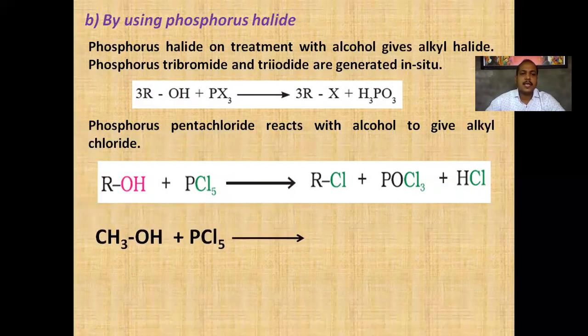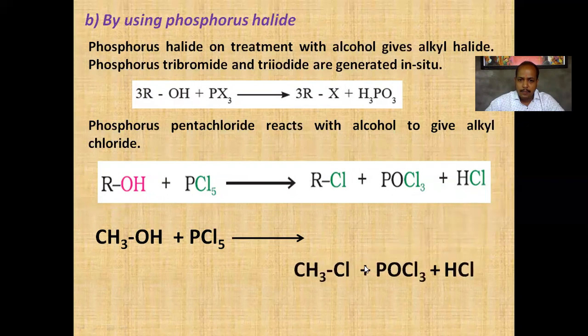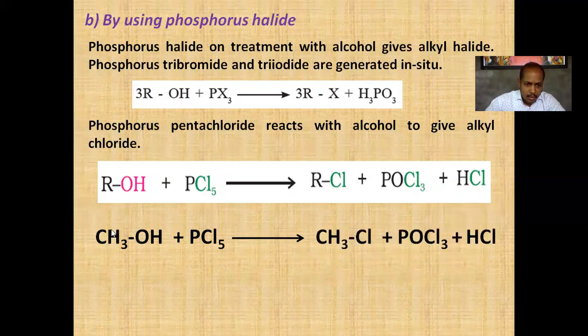CH3OH, that is methanol, methyl alcohol, plus PCl5, phosphorus pentachloride. What will be the product? Simply you can substitute this CH3 at the position of R. CH3Cl plus POCl3 plus HCl, that is, we got methyl chloride.